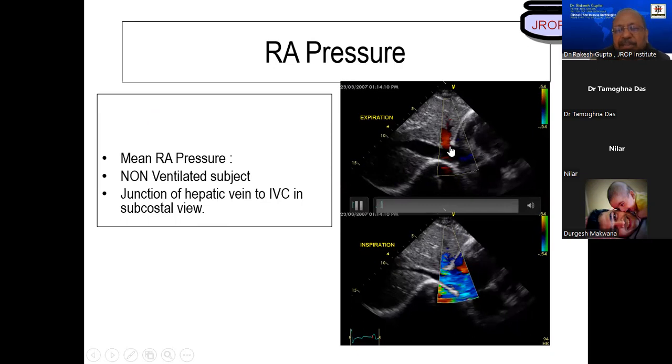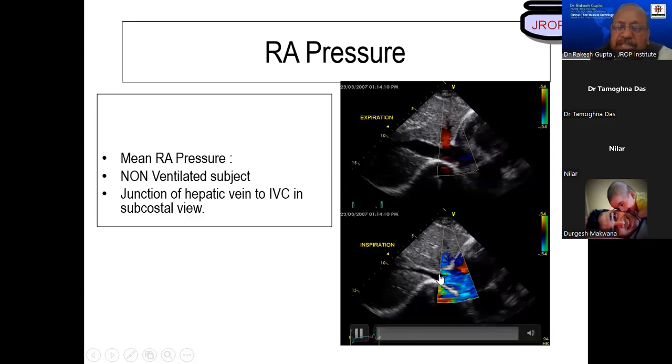Here is a hepatic vein with IVC. Here is the IVC. The junction of the hepatic vein with the IVC is the point where we measure dimensions. And these dimensions, once in expiration, then in inspiration, suggest how much collapse has happened with inspiration or not.